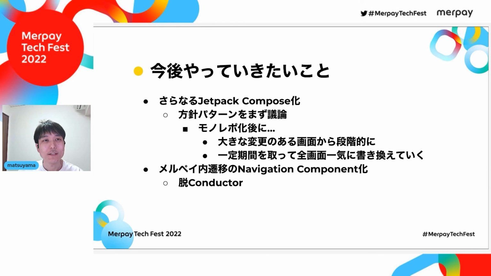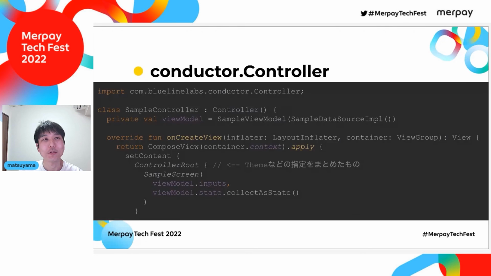Also, I've been thinking about changing the Merpay screen transition from Conductor to Navigation Component, which is a topic that I've been avoiding for a long time. So what I mean by that is, to be a little more specific, here is the code for each screen I was showing you before. Here is the Conductor controller.